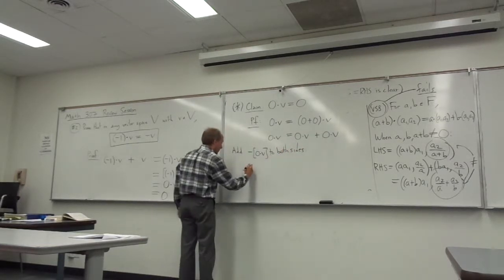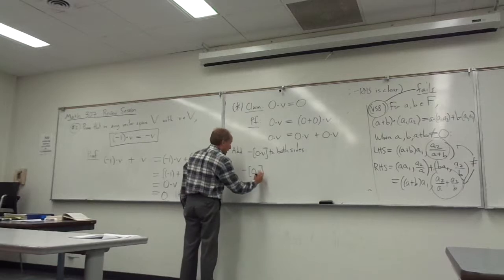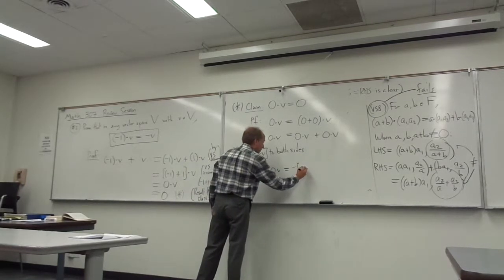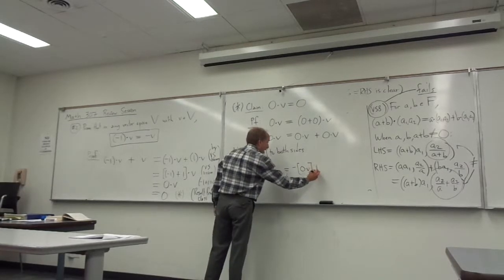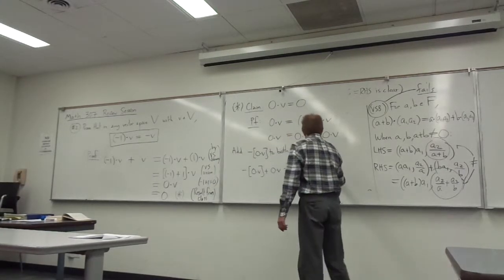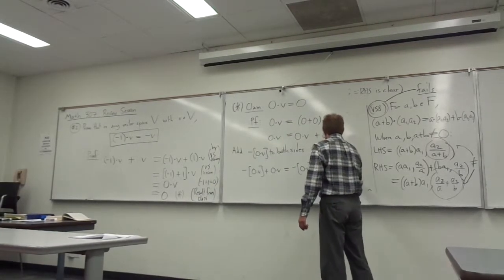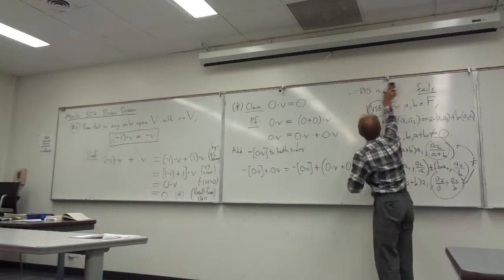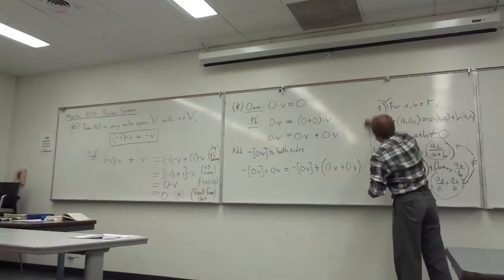So on the left, we got negative of 0 times v added to 0 times v. On the right, we have negative of 0 times v added to, well, we have 0 times v plus 0 times v. So I'm just being very careful with every single step here.